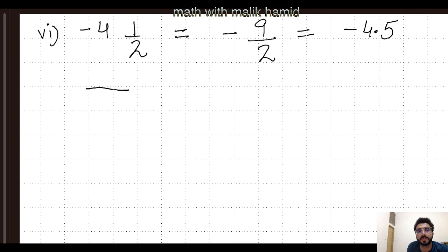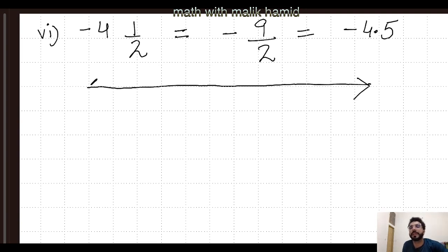okay students, let's draw a line. Negative 4.5, 0, we move toward the left side, the negative side of numbers: minus 1, minus 2, minus 3, minus 4, minus 5.